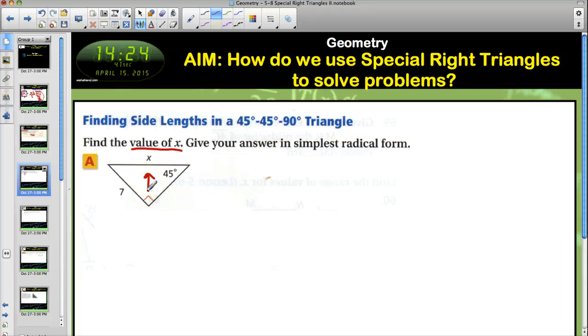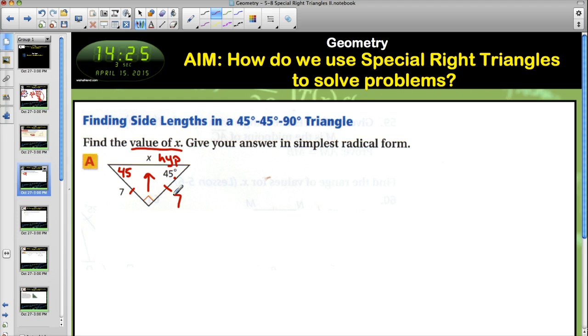I'll draw an arrow away from the 90, and I know that's my hypotenuse. I know these two legs are congruent because it's a 45-45-90 triangle. If this is 45, then this must be 45 as well, because all these angle measures have to add up to 180 degrees. So if this is 7, then this is 7.